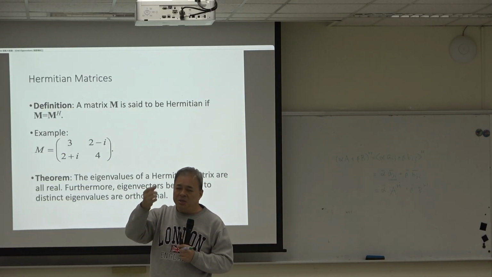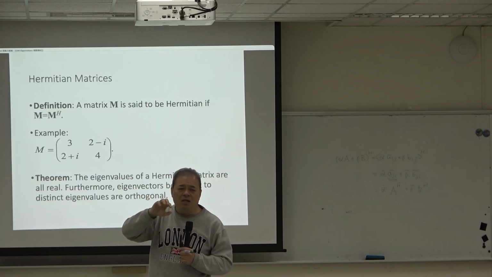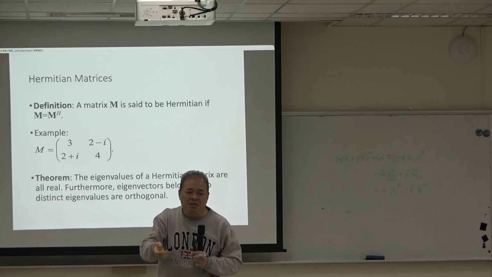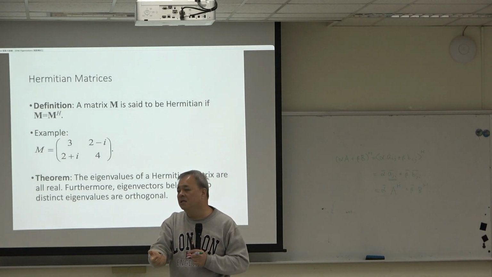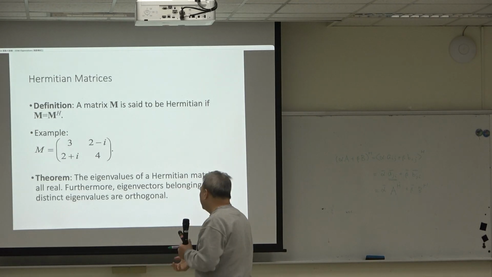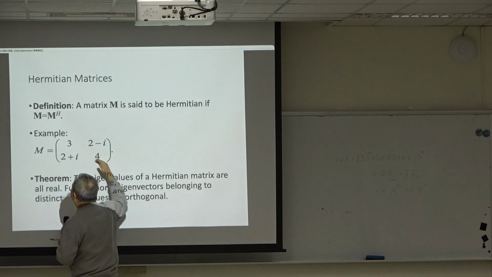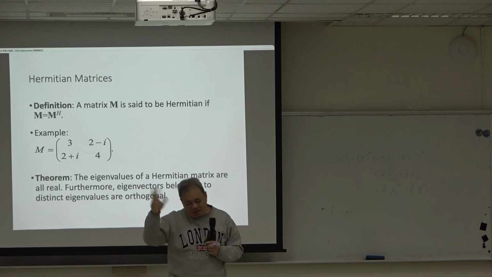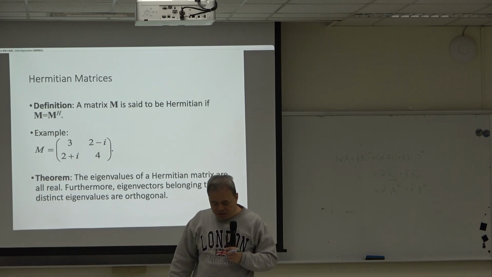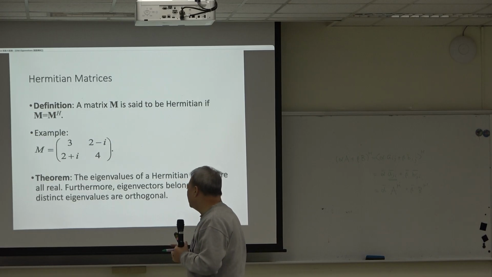So if an element after it becomes a conjugate equals itself, the only possibility is that it is a real number, right? So that's why the diagonal element must be real. As for the symmetric pair must be conjugate to each other, that's obvious.